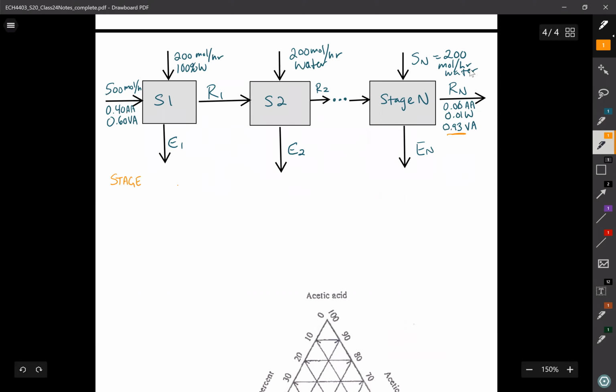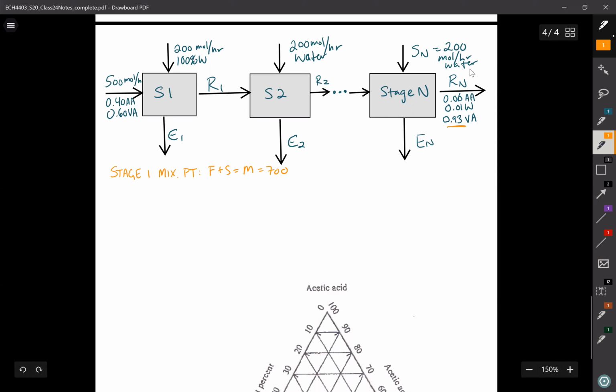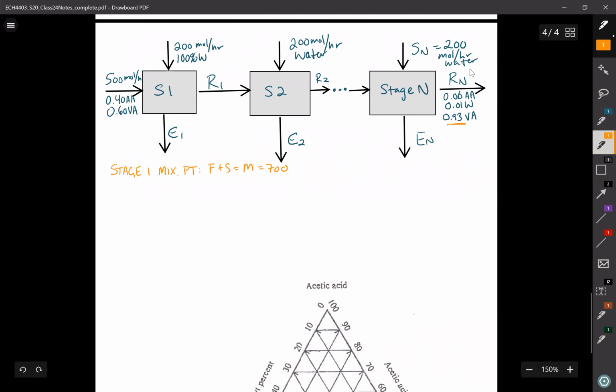And the first step for any liquid-liquid extraction problem is finding the mix point. And the mixing point for stage one is F plus S is equal to M. F is 500, S is 200, so therefore M is equal to 700. And then we need to find at least one of the compositions, and more if we want to double check our work. So it doesn't matter in this case, all three are about equal.